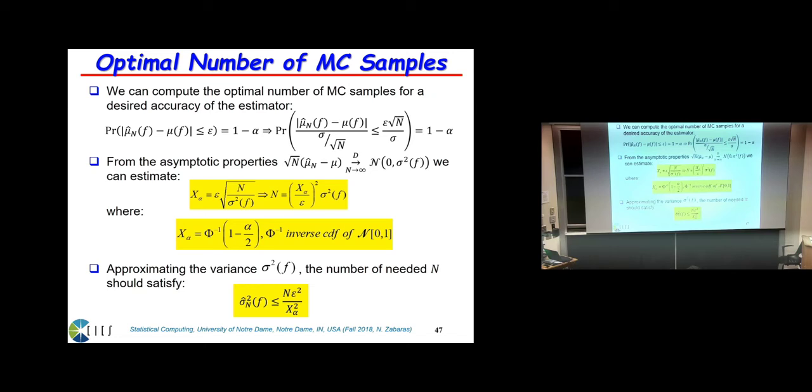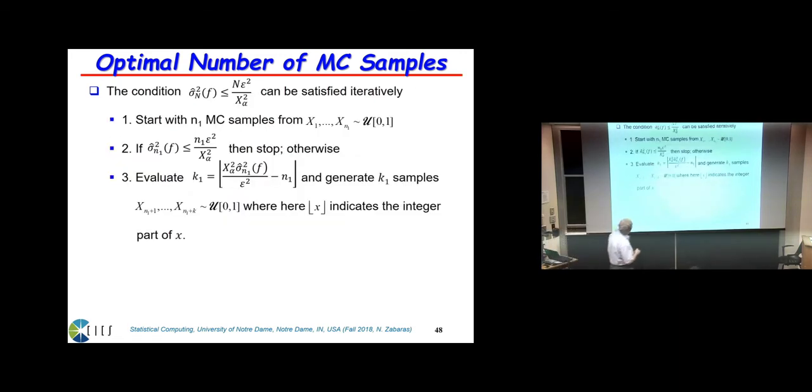Again, it will converge basically in two steps here. And again, I give you a whole algorithm, right? So, let's say you do n1 tests, you check if this is satisfied. If yes, then you stop. You say I only need n1 samples. If not, you form the difference and you see how many extra samples you may need. Then you repeat this for k extra samples. You check if this is satisfied. If not, you iterate. Okay?